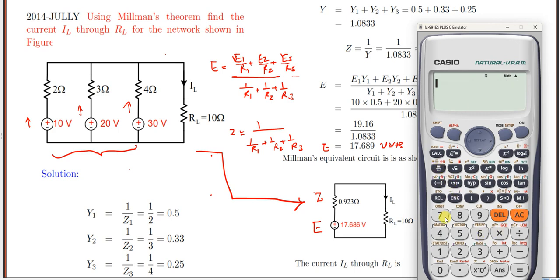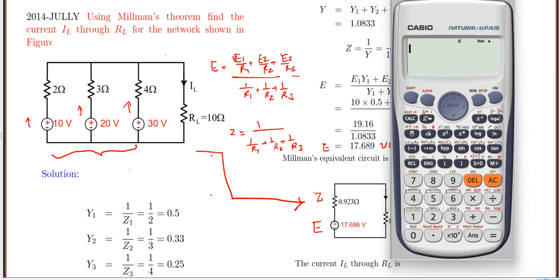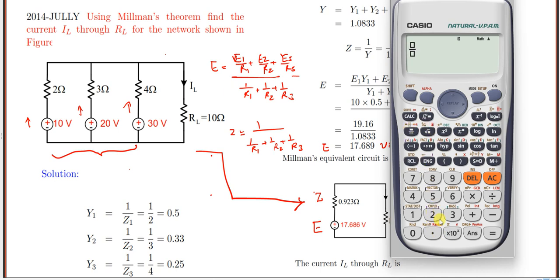Once again you can do it like this: 1 divided by 2 inverse plus 3 inverse plus 4 inverse. You'll get 0.923, this answer.